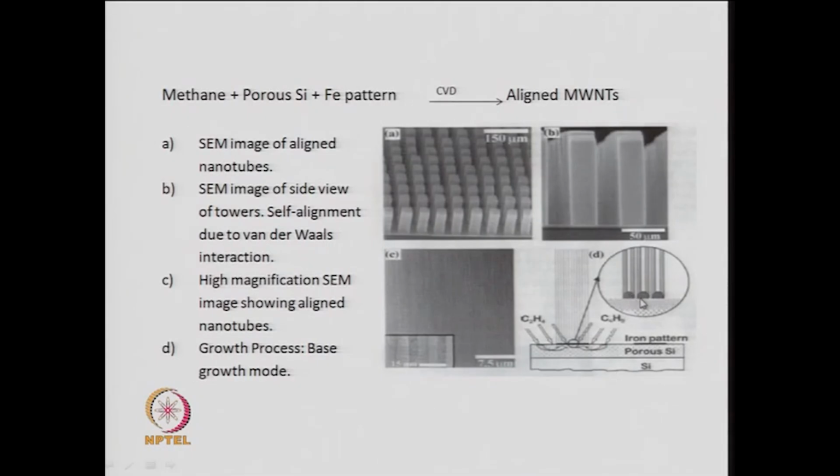So, these are iron atoms. This is a blown up picture of this part, and you can see that where the catalyst particle is there, the nanotube is growing from there.